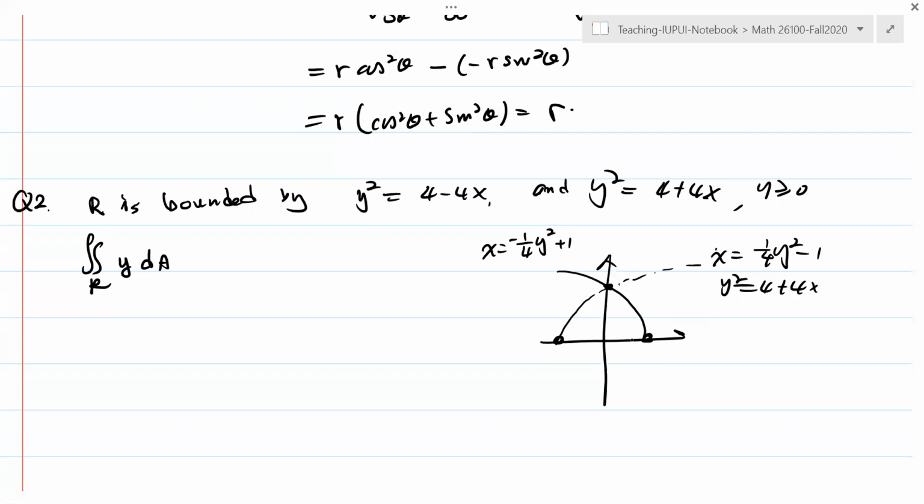So this is the domain. The question is how do you evaluate over this domain? We can try different ways to do that later.